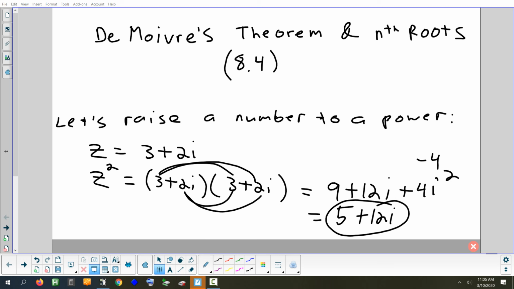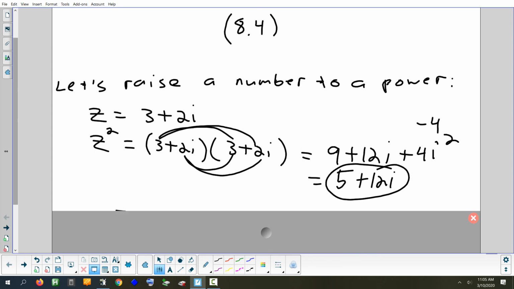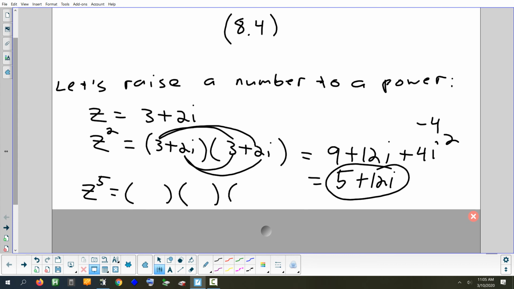It didn't take that long. Maybe it took us like a minute. Probably do it faster if you just did it yourself. But now, if I wanted to do something like z to the 5th, that means now you're going to be writing 3 plus 2i, 3 plus 2i, 3 plus 2i, 3 plus 2i, 3 plus 2i.